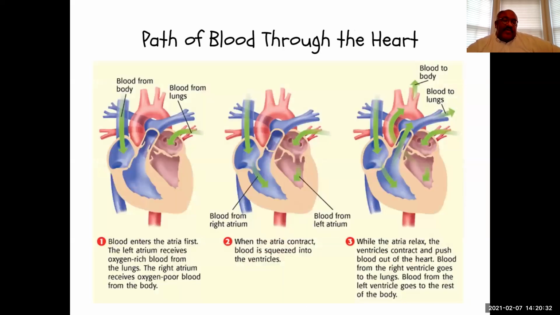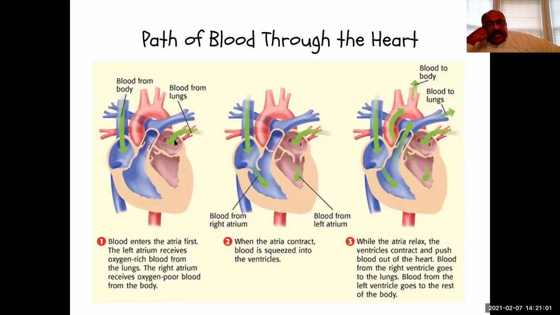From the right ventricle, it goes into the lungs by way of the pulmonary vein, is oxygenated, and goes back into the left atrium of the heart, which is right here, by way of the pulmonary artery.